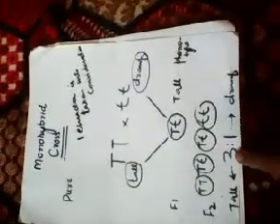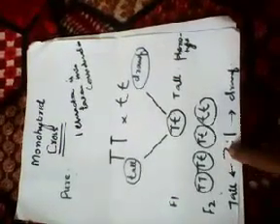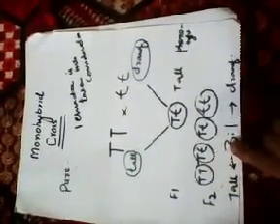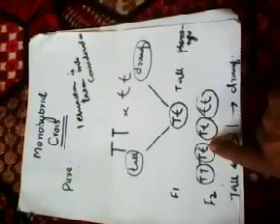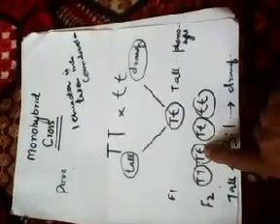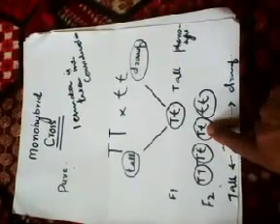Among these three, one is genotypically purely TT, and both the other two are phenotypically tall, but genotypically they are not purely tall because the small t is found.